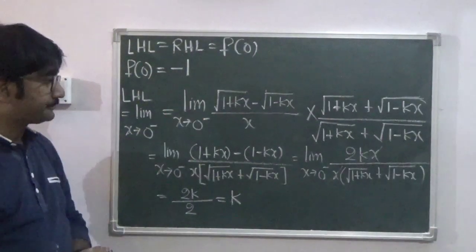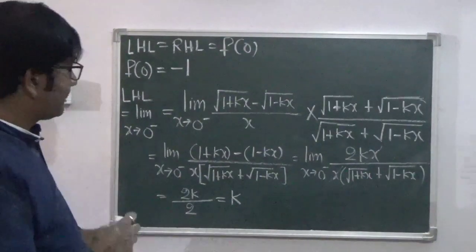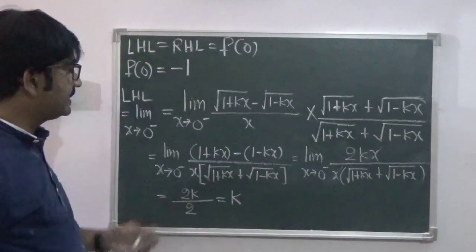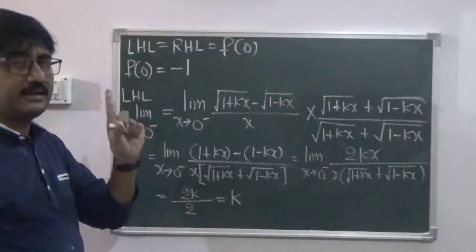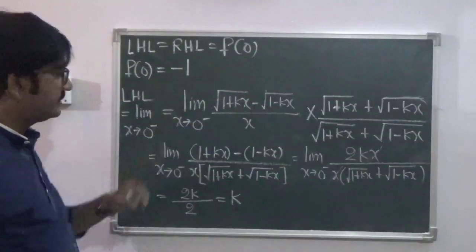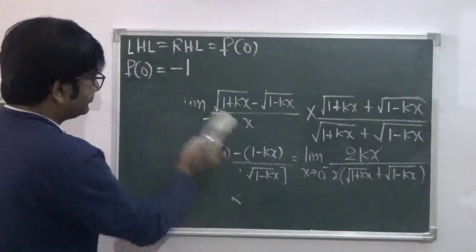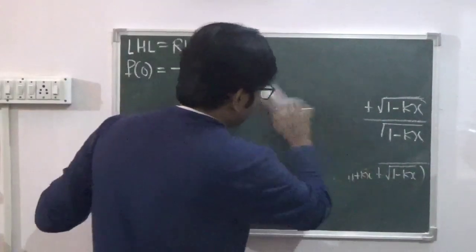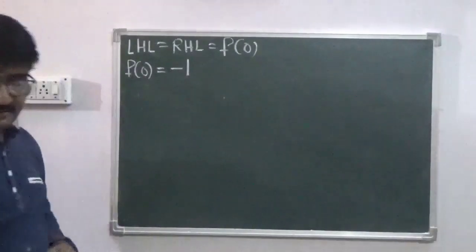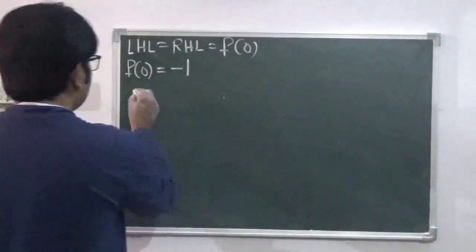So from here we get k equals minus 1, but we'll check with the right hand limit as well, and the right hand limit value must be equal to minus 1. Let us check.